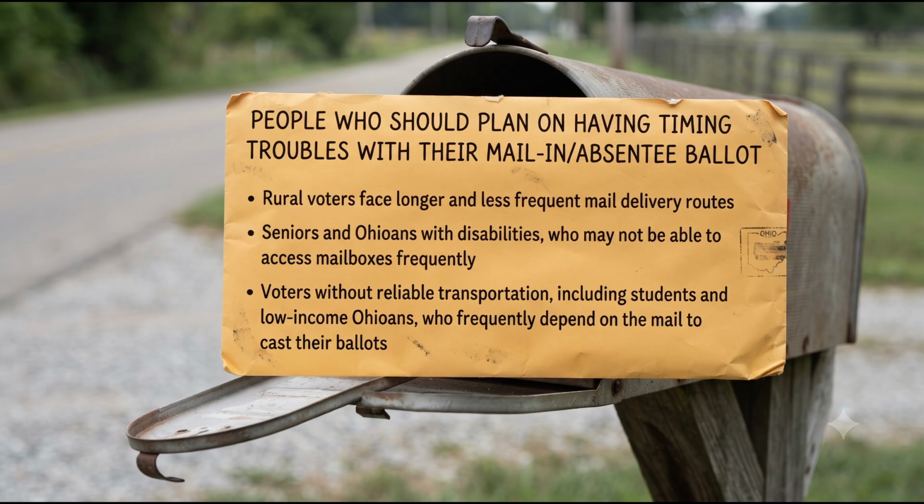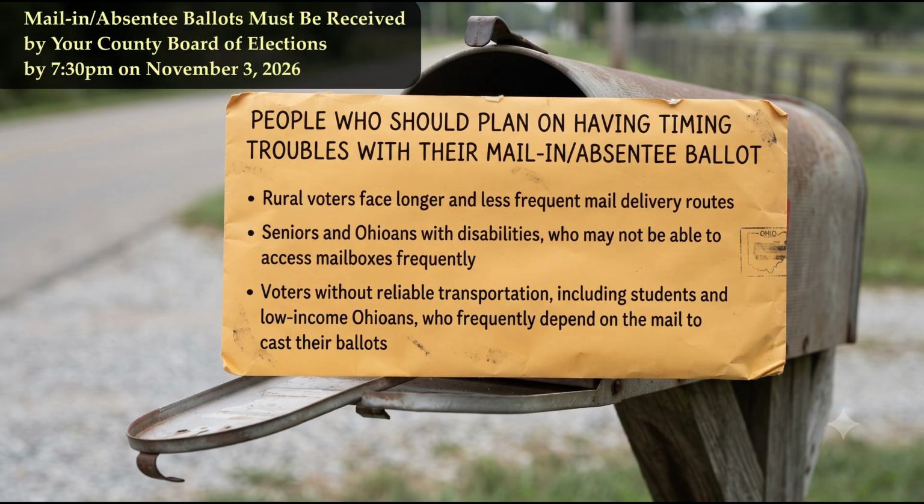And so there are specific groups of people who need to plan on having trouble getting their ballot in on time, because again, just to repeat, it has to be received by the County Board of Elections by 7:30 p.m. November 3rd. Not postmarked by, has to be there by. And so rural Ohio voters, you guys sometimes have longer mail delivery routes.